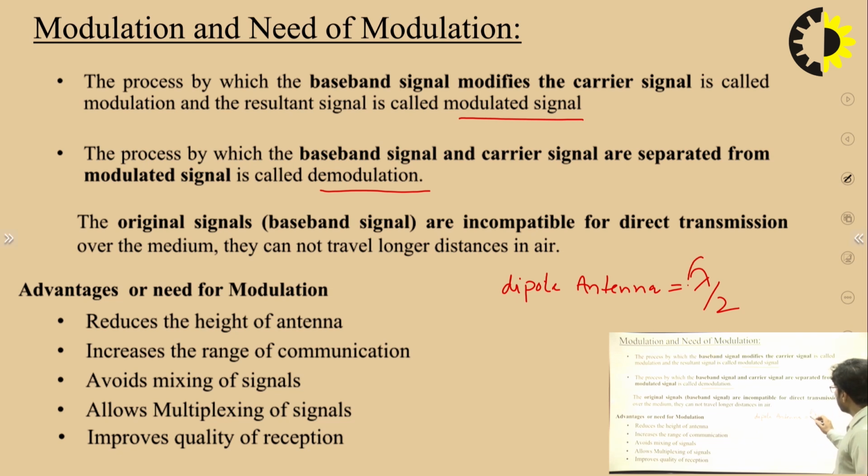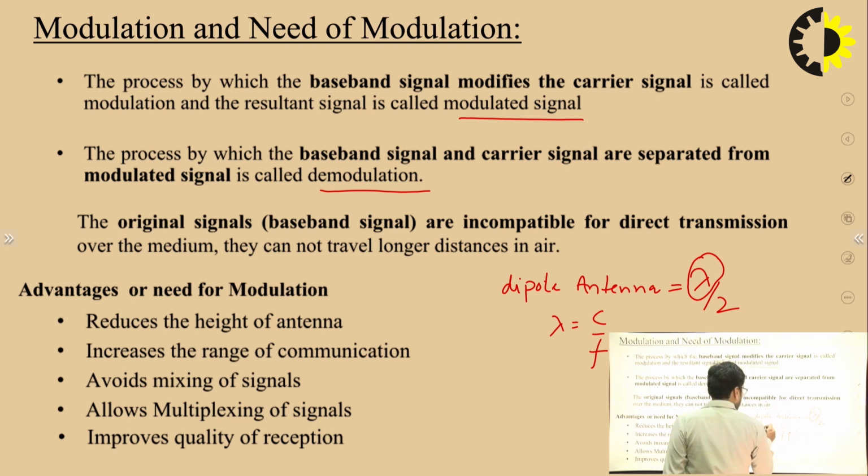Here you can see it is defined with the help of wavelength. As we know, wavelength lambda is equal to c by f, so wavelength is inversely proportional to frequency. As the frequency increases, wavelength decreases. If wavelength decreases, the size of the antenna will decrease.